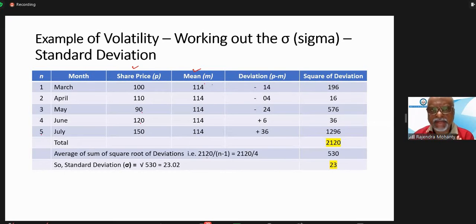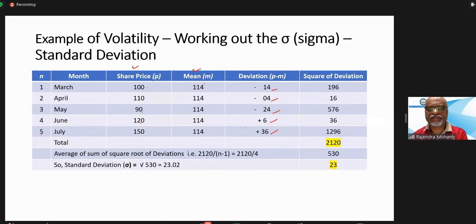Now from the mean, the next column is the deviation. Deviation is nothing but P minus M. From the share price to the mean price, what is the difference? That is called deviation. P is the share price, mean price is 114. So here it is minus 14, next is minus 4, next is minus 24, next is 6, next is 36.